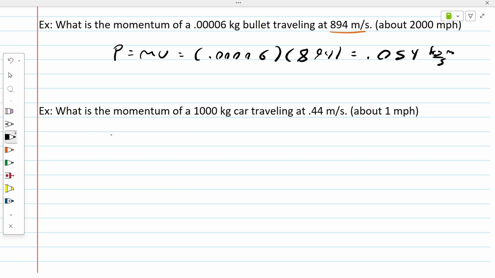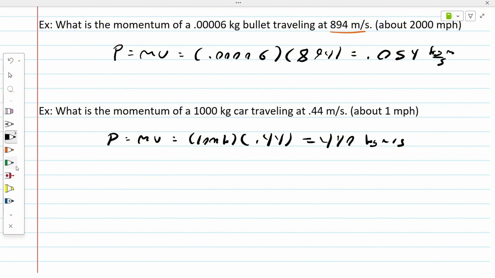And if we compare this to the car's momentum, which is still mass times velocity, we have 1,000 kilograms traveling at this 1 mile per hour speed, or 0.44 meters per second, and we get 440 kilogram meters per second. So that shows how, even though the bullet is traveling way faster, the car's momentum is magnitudes larger than the bullet's.